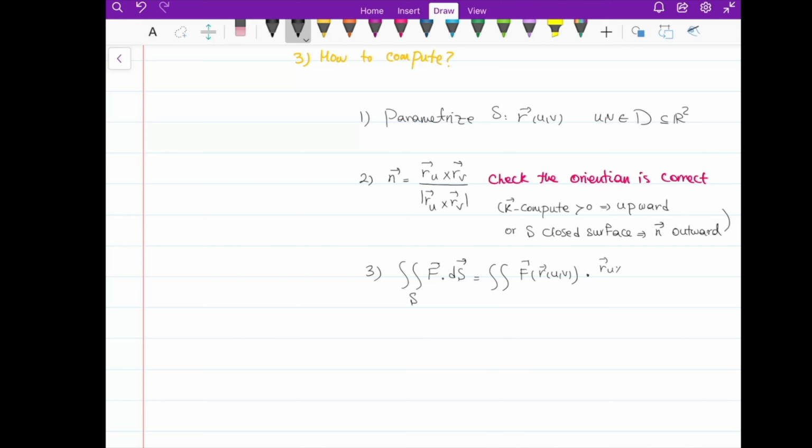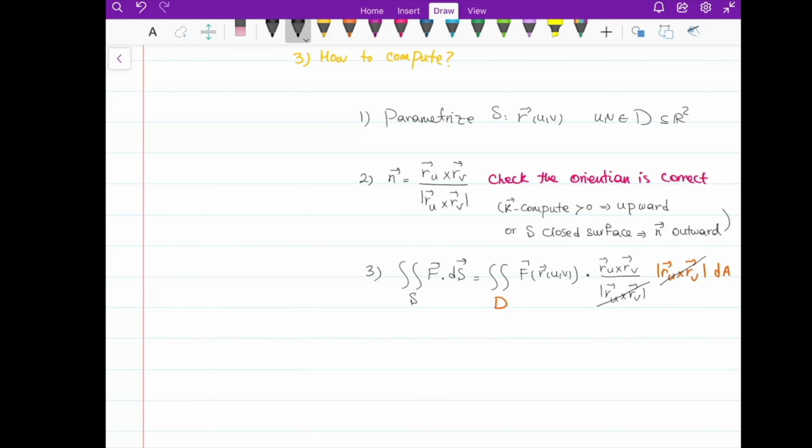Let me plug in the normal vector in its place, r_u cross r_v over its length, and then ds, the formula for ds we calculated before, which is the length of r with respect to u cross r with respect to v, du dv over the region D, and I'm gonna cancel out these two.